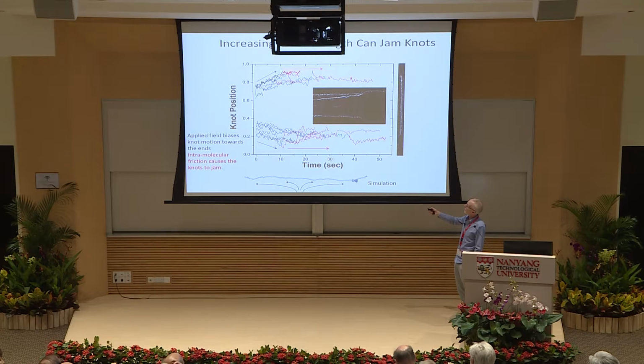And when the graphs turn red, I suddenly turned up my electric field, and I can actually pause the motion. We can systematically do this at threshold field strengths. And so we can actually turn what was a diffusive process into a static jammed process. We're pretty excited about this because there's been controversy in the literature about whether you can even have jammed knots on molecules in general, or particularly on DNA in new nanopore sequencing experiments.